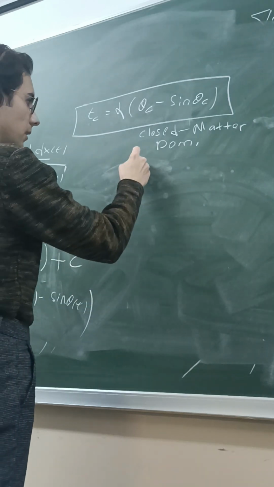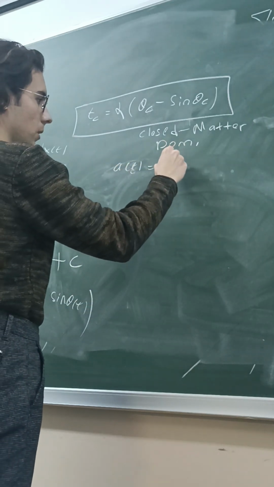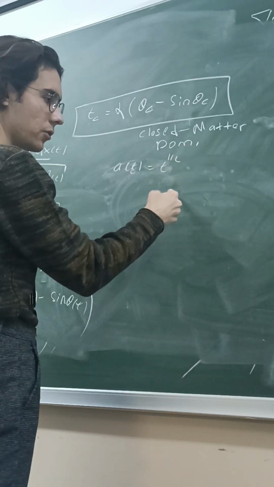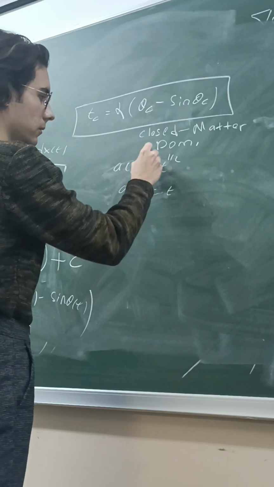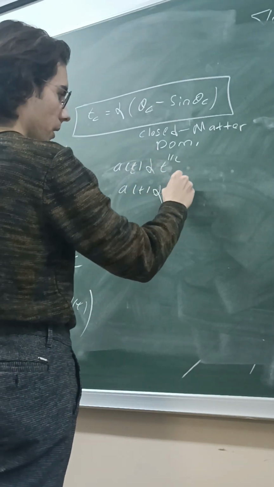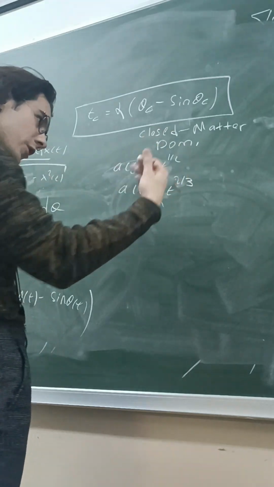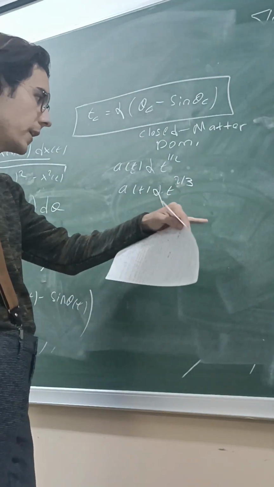And it was, for example, proportional to t to the 1 over 2 for the radiation dominated flat universe, and t to the 2 over 3 for the non-relativistic matter dominated flat universe.